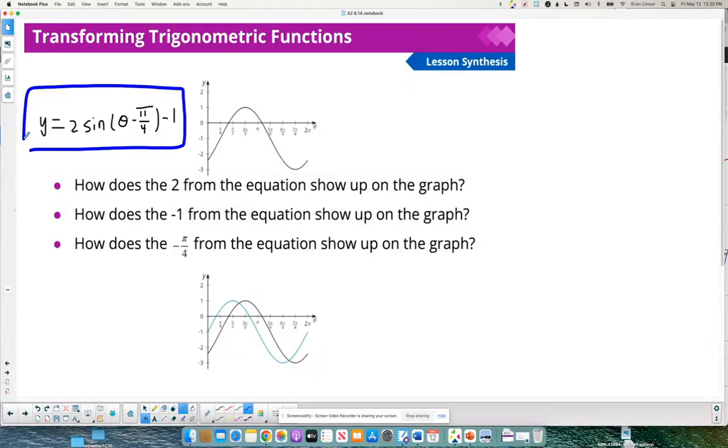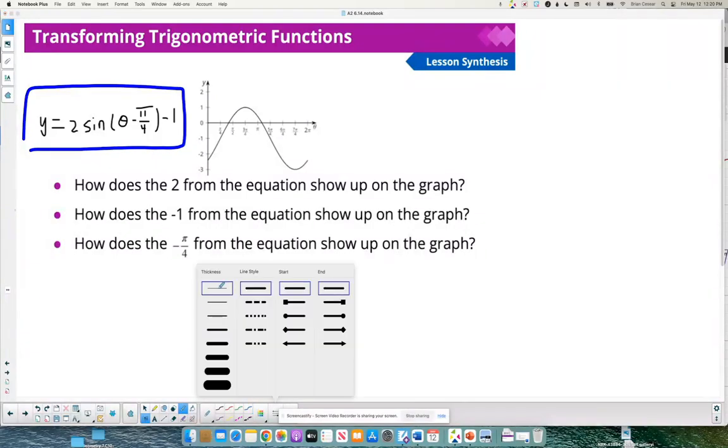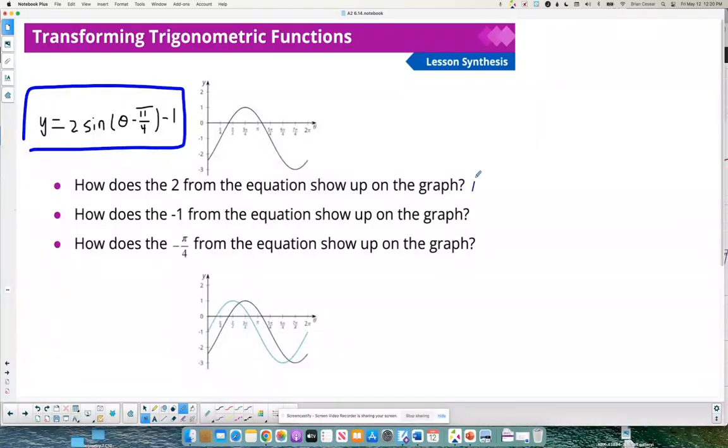How does the 2 from the equation show up on the graph? Well, obviously that 2 in front means that the amplitude is 2. And again, amplitude is from midline to your max, or midline to your min.